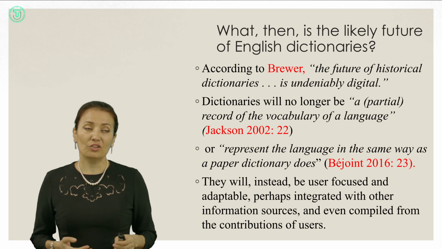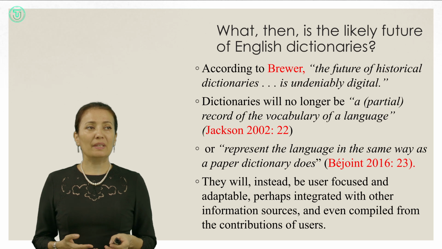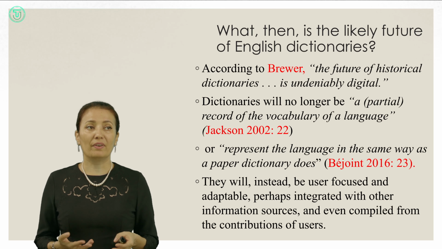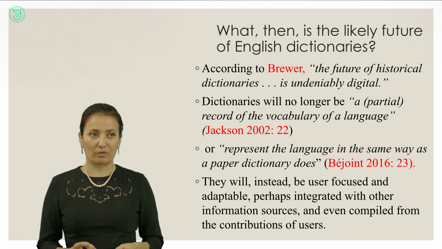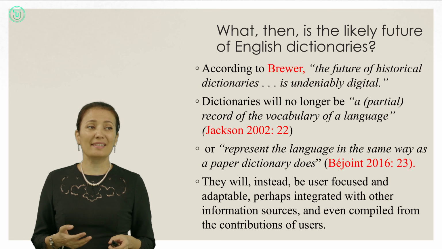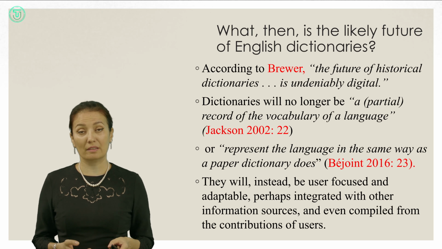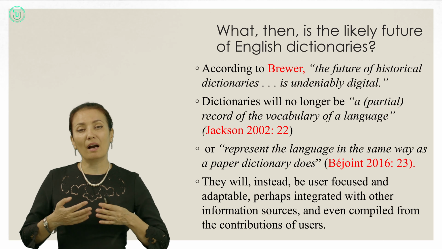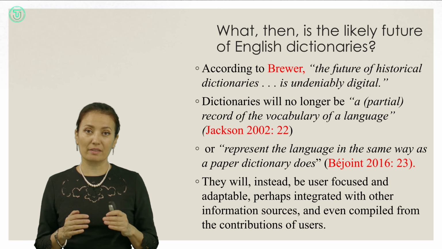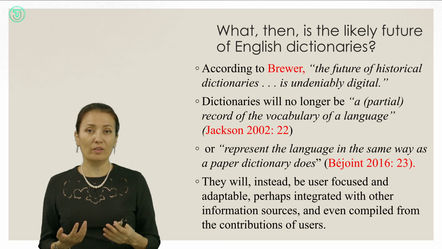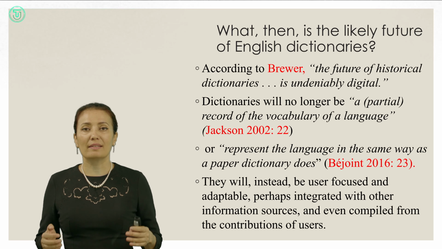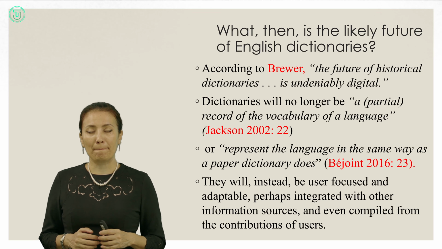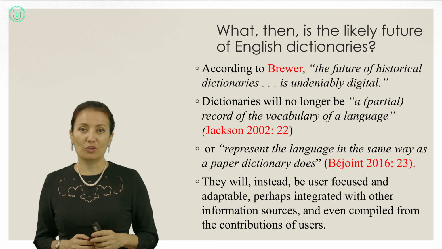Dictionaries will no longer be a partial record of the vocabulary of the language. They will be a full record of the vocabulary of the language, or represent the language in the same way as a paper dictionary does. It means readers, users and learners can get access to wider, more advanced versions of the language.